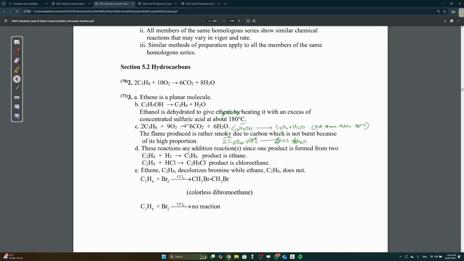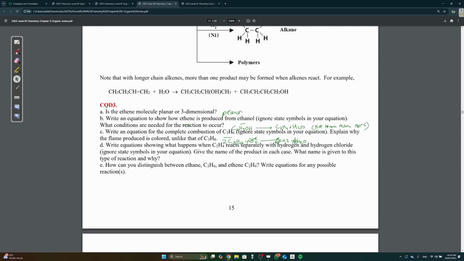Okay, if I just understood why. Basically, C3H6 and C3H8 both produce dirty flames. But you need to know that if a molecule has a higher ratio of carbon to hydrogen, then it's going to produce what we call soot.